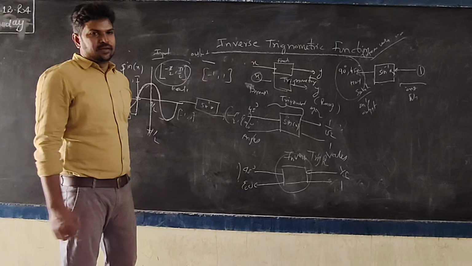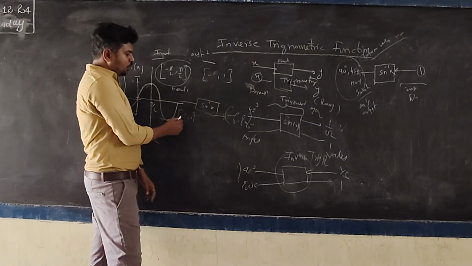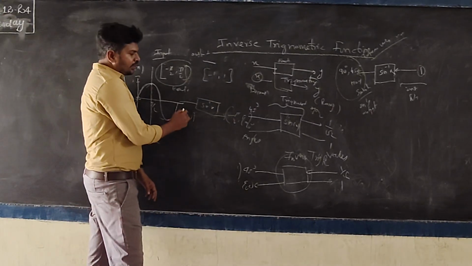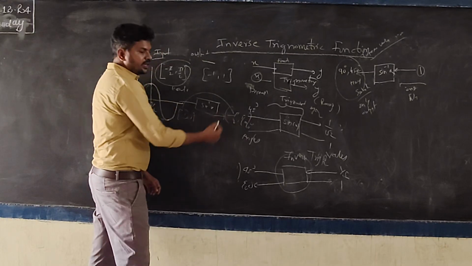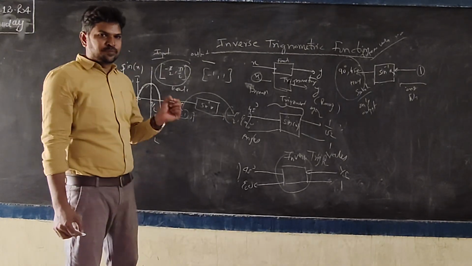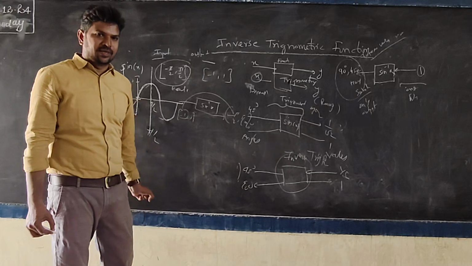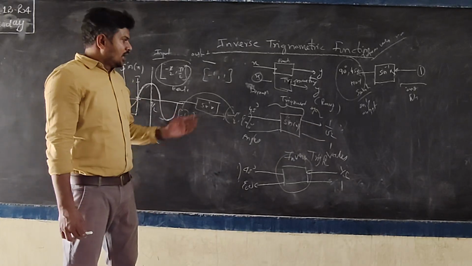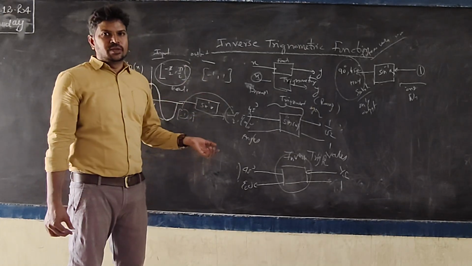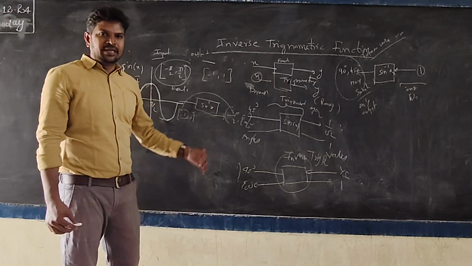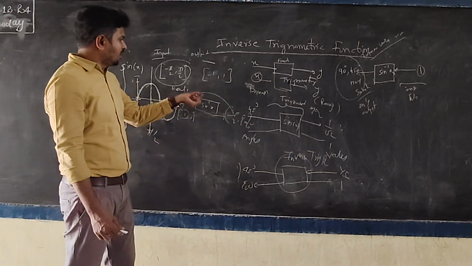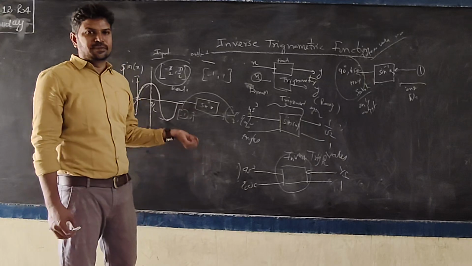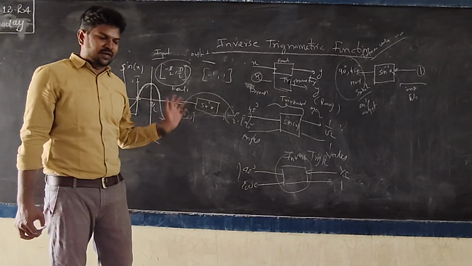So what is the principal value? Whenever you are giving this value, the first value that comes in this trigonometric function is called the principal value, the non-repeating value. The remaining solutions will take other values. But the first non-repeating value comes under the principal value in the inverse trigonometric function.